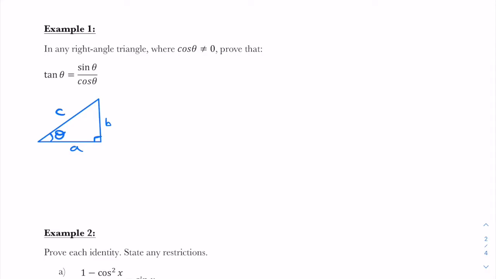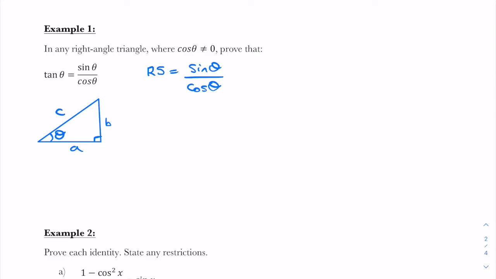So in order to prove that tan theta equals sine theta over cos theta, we need to pick a side to work with. I'm going to pick the right-hand side. So the right-hand side, RS, equals sine theta divided by cosine theta.